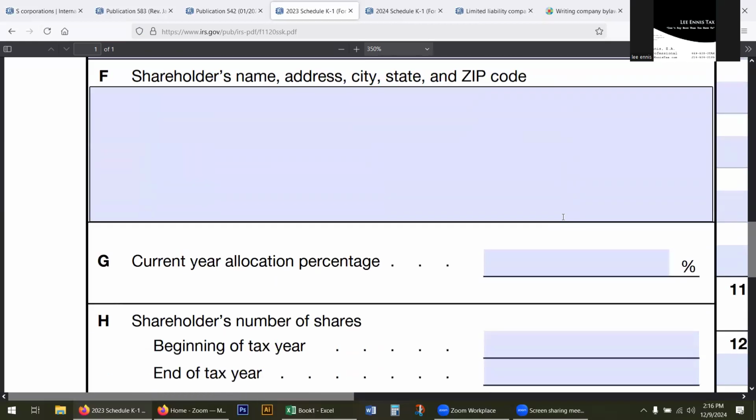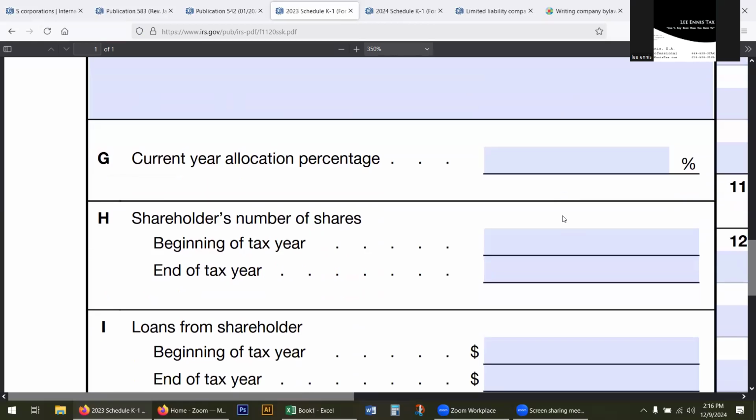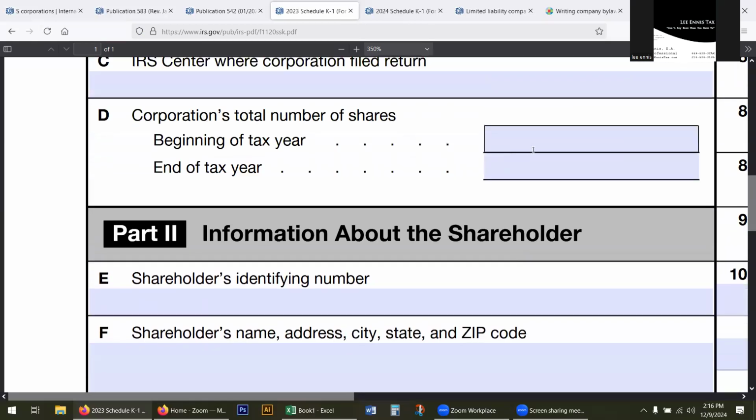Okay. And so this is what it looks like. Each owner of the S corporation is going to own a percentage of the shares, whether it be 5%, 10%, 20%, right? So for instance, let's just put some numbers to this.